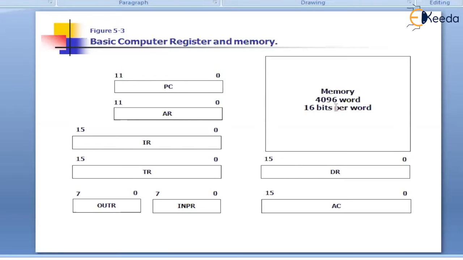So the size of each and every register must be equal to 16 bits, because when a word is transferred from memory to the register, the register size should be equal to the word size in the main memory, because the words within the locations of this memory will get transferred to the registers. Got me? So the size of every register must be equal to 16 bits.